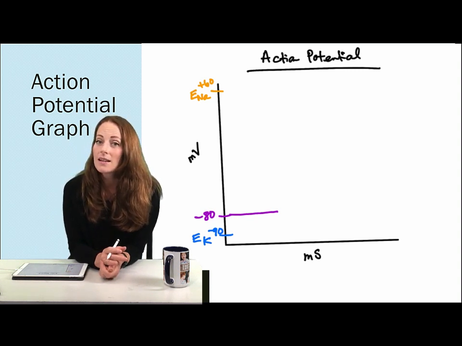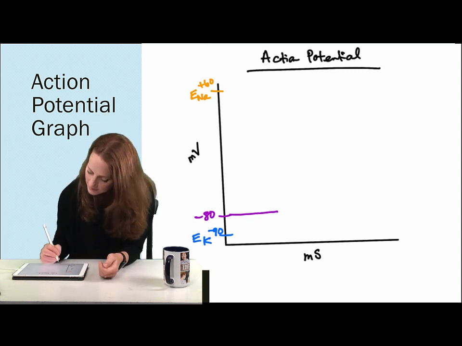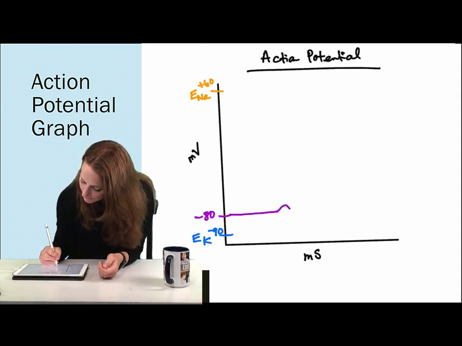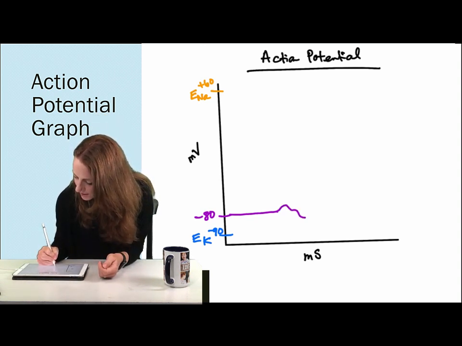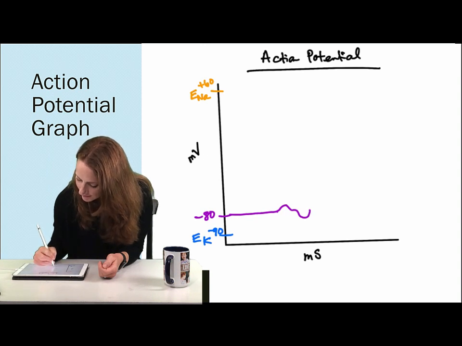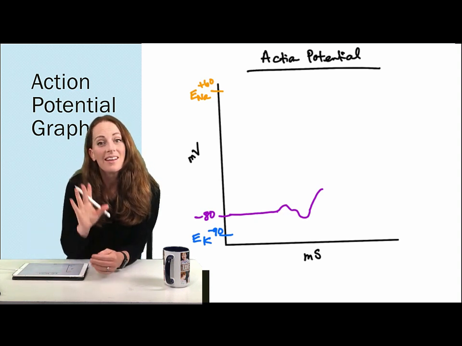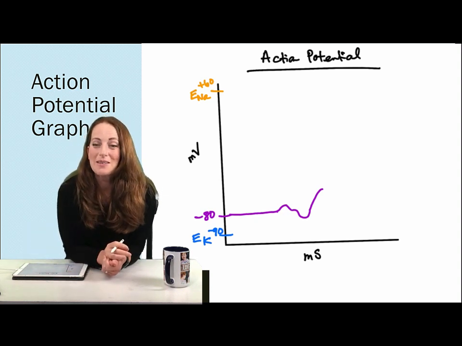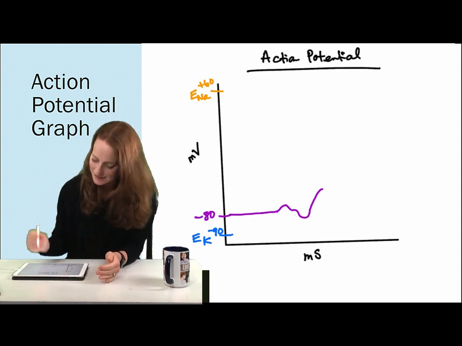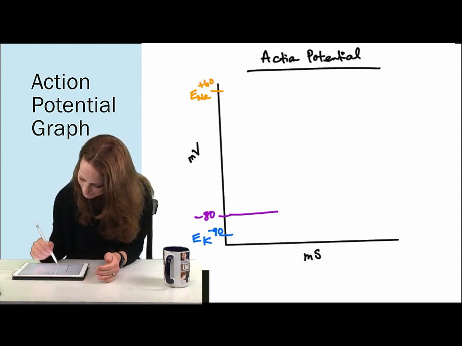Then it's going to get some graded potentials. Some might be excitatory, some might be inhibitory. If we get enough to add up, we're going to reach threshold. I'm going to remove those graded potentials so you don't think they're part of the action potential. So let's back up a little bit.